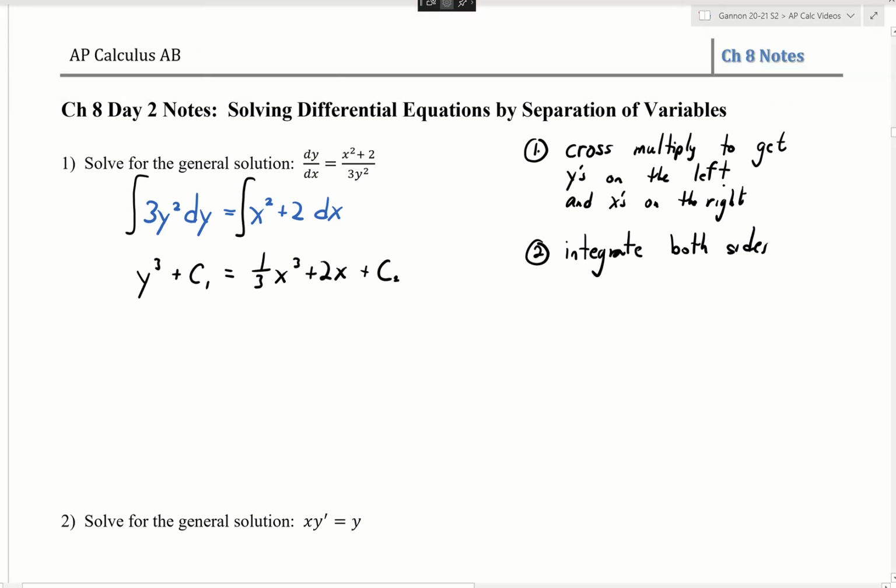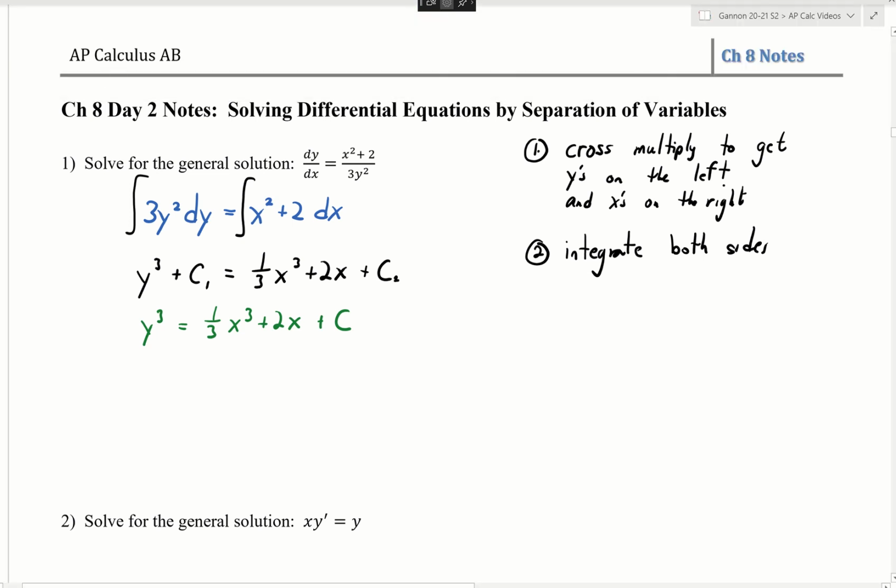But I just wanted to show you getting it on both sides so I can explain what was going on. So really, we just want to have 1/3 x cubed plus 2x plus c, and just purely leave the c on the right side. And you don't need to worry about it on the left side moving forward.